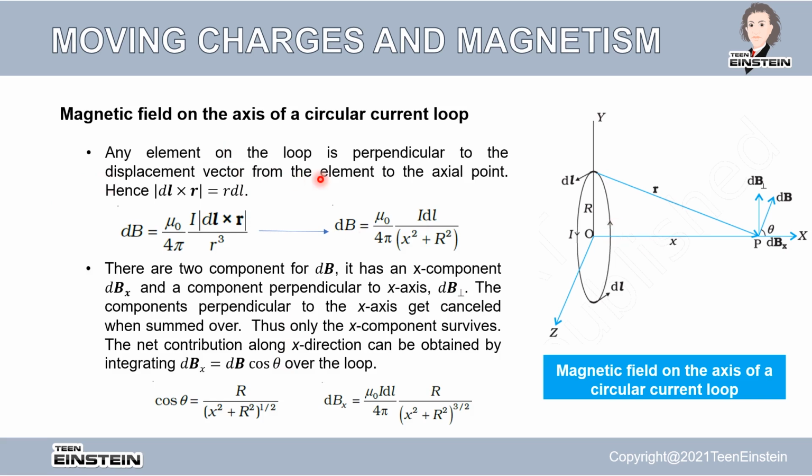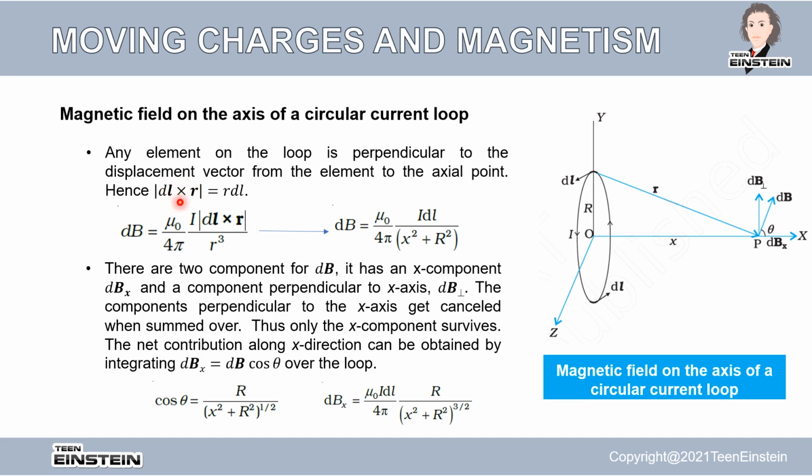Any element on the loop is perpendicular to the displacement vector from the element to the axial point. If you take this small element, it goes in this direction, and r is in this direction, so r is perpendicular to this dl. They make a 90-degree angle, and dl cross r gives r dl sine theta, and sine 90 is 1.